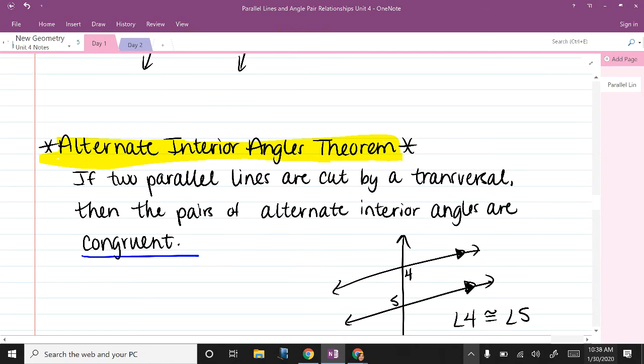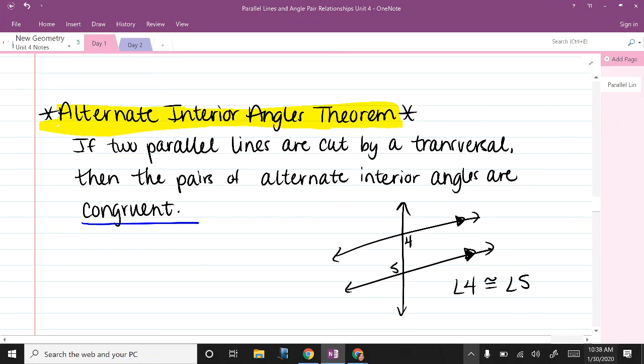Now, this one's a theorem, so it's a little bit further down the page. It's about 2/3 of the way down, maybe 3/4 of the way down. Highlight alternate interior angles theorem. And again, these are two parallel lines because they have those extra arrows right there. If two parallel lines are cut by a transversal, then pairs of alternate interior angles are what?